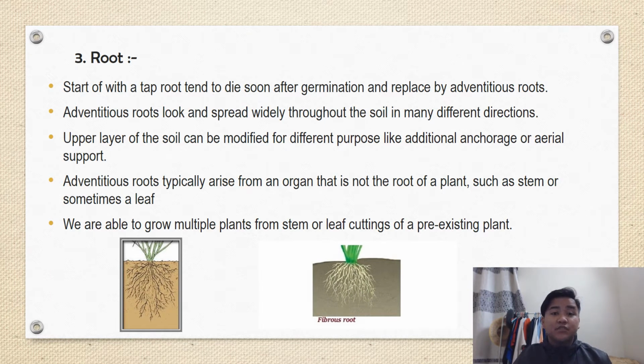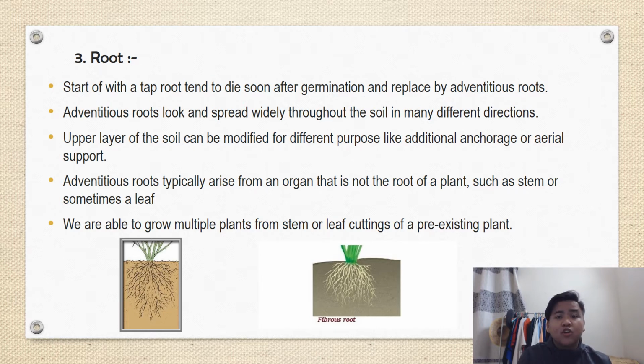Number 3 is roots. While monocots start off with a taproot, this taproot tends to die soon after germination and is replaced with adventitious roots. Adventitious roots look fibrous and are spread widely throughout the soil in many different directions.